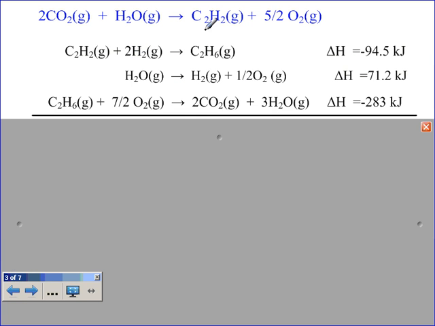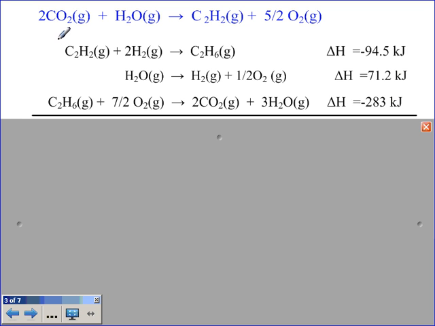In problem number 2, we start with a target equation again. 2 carbon dioxides plus water react to form C2H2 and 5 halves O2. This notation, 5 halves for O2, is pretty common.